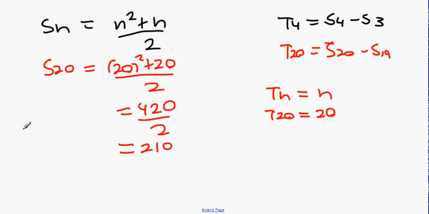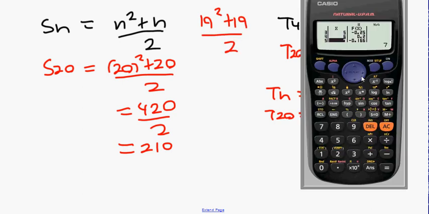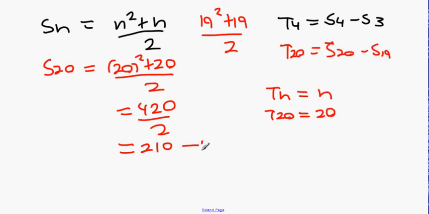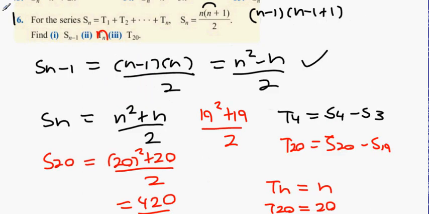Then you have to find out what S19 is, which is 19 squared plus 19 all over 2. You check that in the calculator: 19 squared plus 19, divide that answer by 2, and we see that that's 190, and then once again we find that T20 is 20 as well. Okay, so that's number 16.